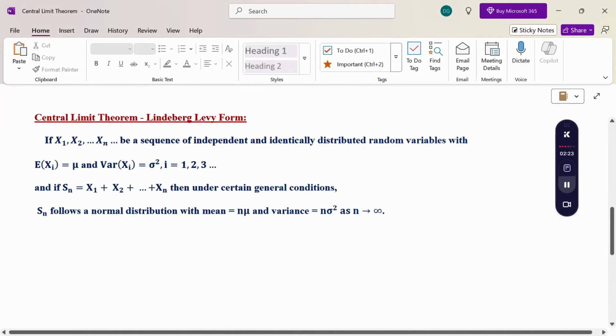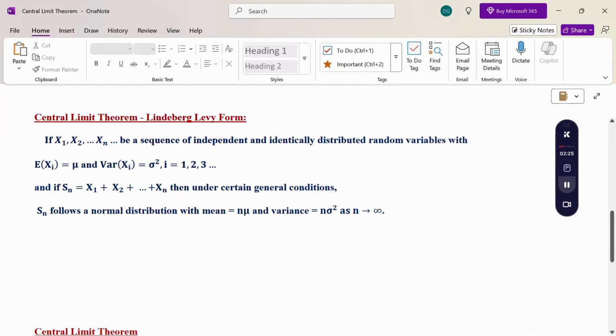So how to solve this Lindeberg? In this theorem we observe that expectation of Xi is mu, variance of Xi is sigma square. Now this is the form.